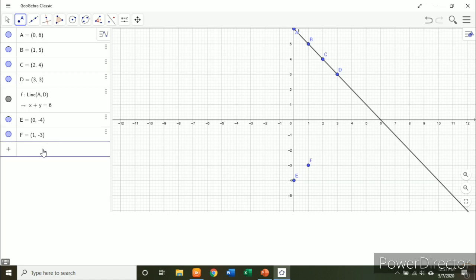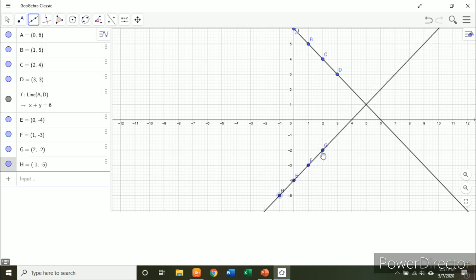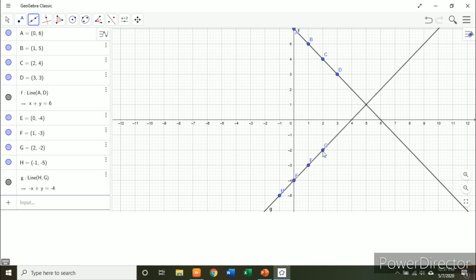Third point for the second equation is 2, minus 2. And fourth point for the second equation is minus 1, minus 5. So these are the 4 points which are plotted here for the second equation. Now join these points by a straight line. So this is the line passing through these 4 points.